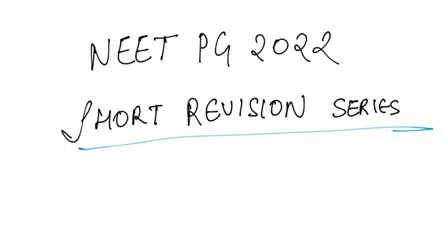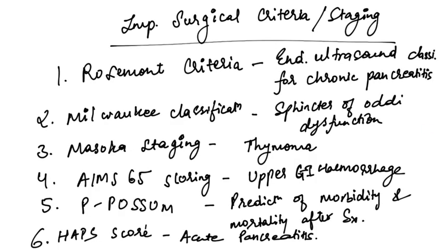I'm starting the short revision series, and we'll be covering some important points that will be helpful for you in the exam. So, important surgical criteria, stagings. See, the Rosemond criteria is used for the endoscopic ultrasound classification for chronic pancreatitis. Now, Milwaukee's classification is for sphincter of Oddi dysfunction.